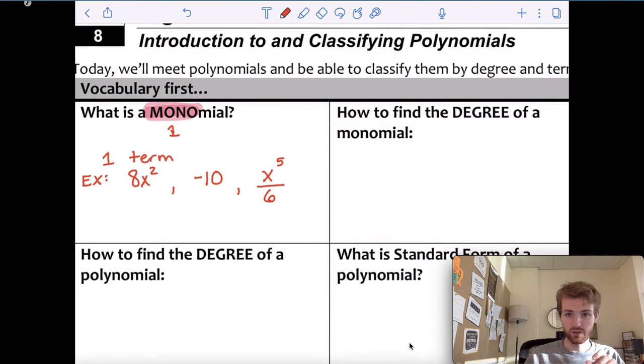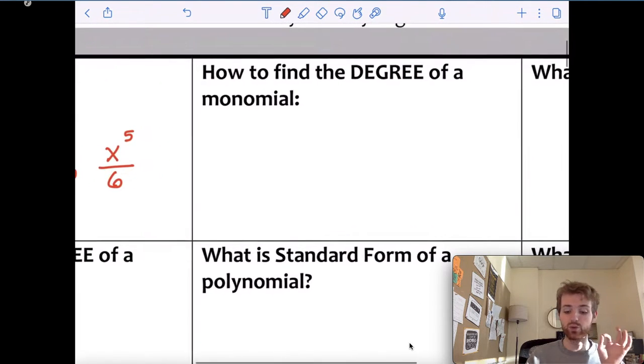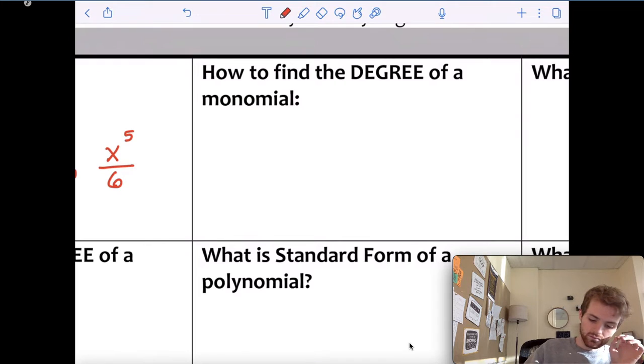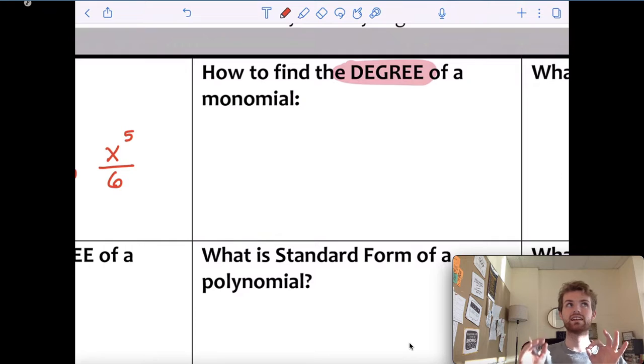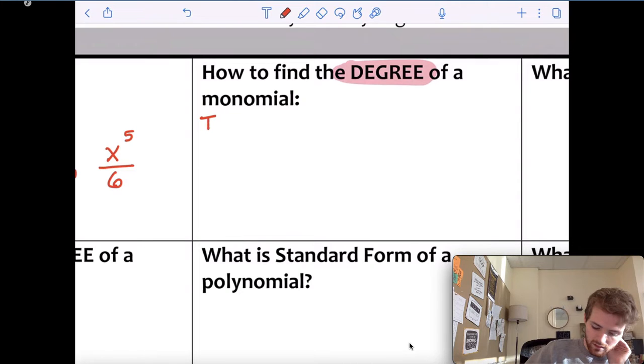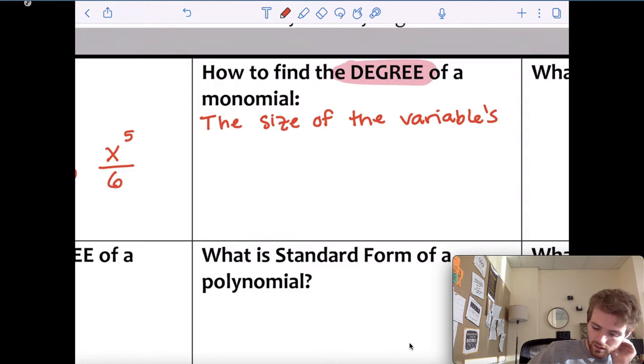So that's really important. The degree is the size of the variable's exponent.